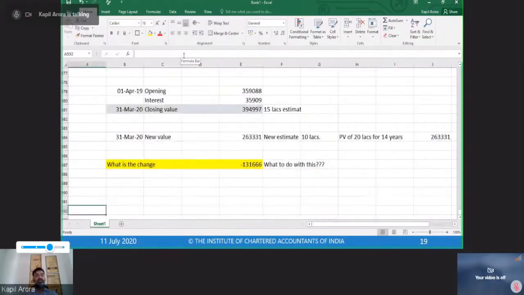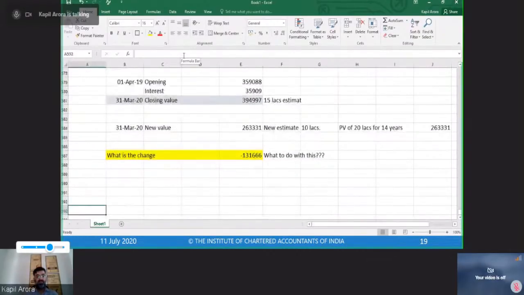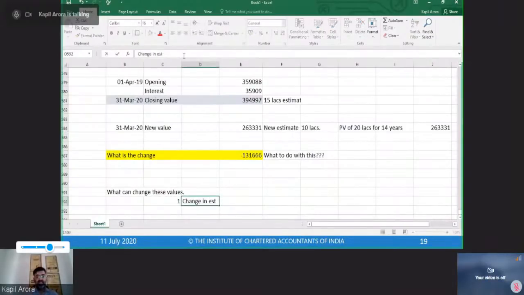Another thing, what could be the other change? What can change these values? One, we have seen change in estimate. It's gone from 15 lakhs to 20 lakhs or 10 lakhs. That is change in estimate.